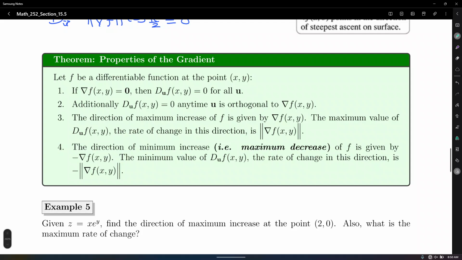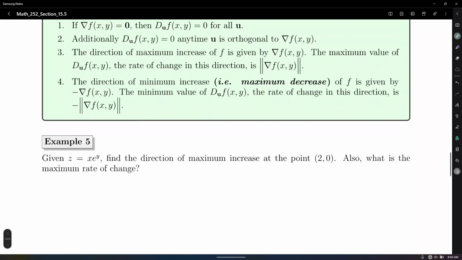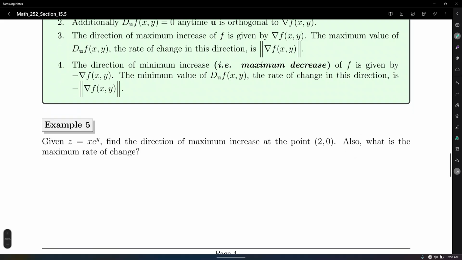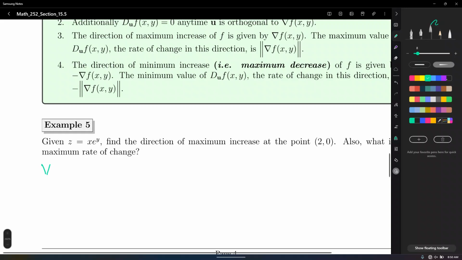Okay, so let's have a look at one example to see this idea. Given the function z equals x e to the y, find the direction of maximum increase at the point (2, 0). Also, what is the maximum rate of change? Number one, let's find nabla of z.